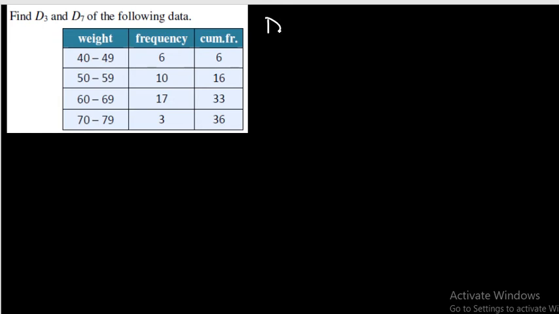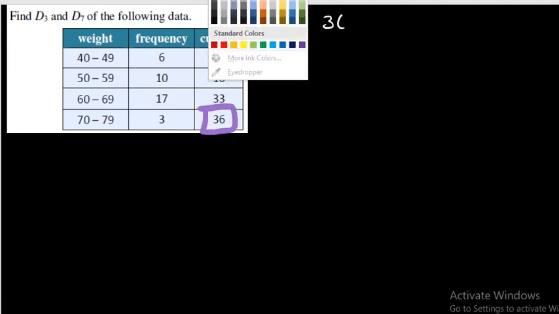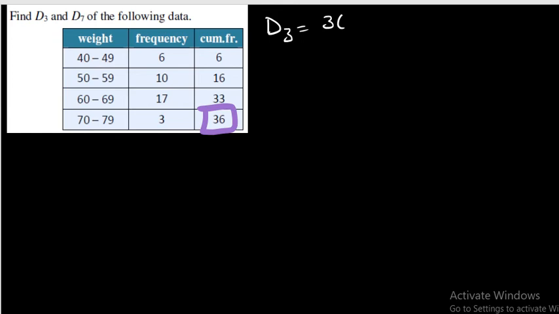First of all, let's think of the third decile. That means 3 times the total frequency. We can read it from the cumulative frequency. The last one will tell you the total frequency at the end. So we multiply 3 by 36, the whole over 10. 3 times 6 will be 18, and 108 over 10 will be 10.8.